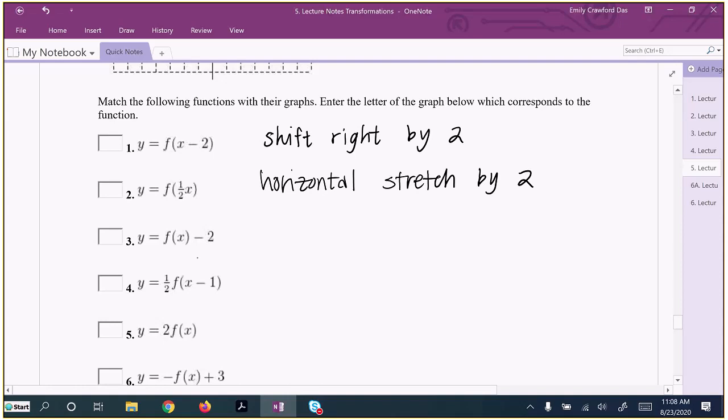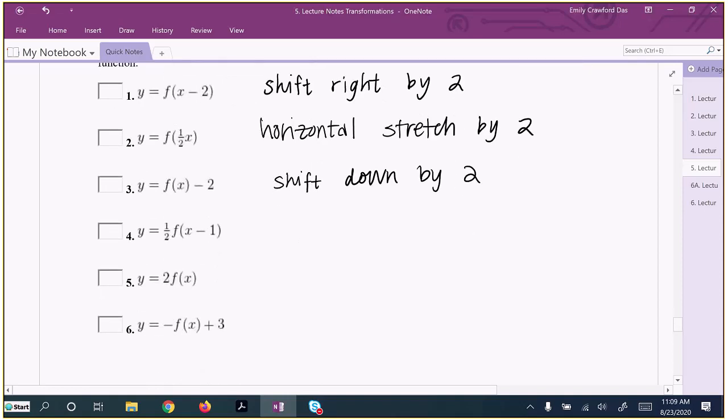And then what if I have subtraction outside the function or subtraction from the y-coordinate? I know that that's vertical shift, but do I shift up or do I shift down? I'm going to shift down by 2 because the vertical transformations are more intuitive.